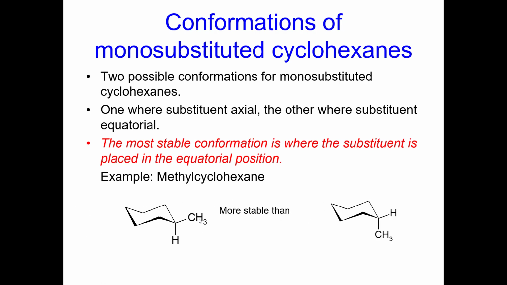And this is more stable than if we had our methyl group in the axial position, because again, if you think, and you draw it out yourself now, if you draw out your hydrogens all around here, remember we said how busy this molecule is? This is right in the thick of that mess. Whereas here, at least, it's facing away from the rest of the molecule.